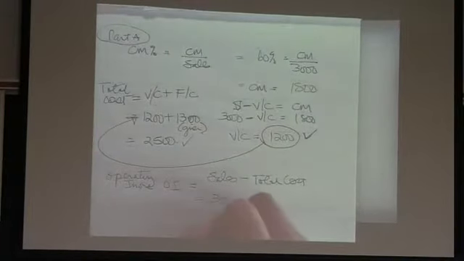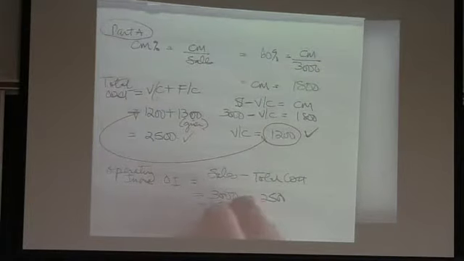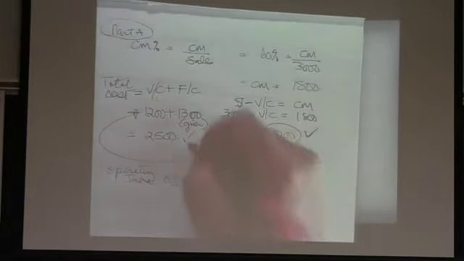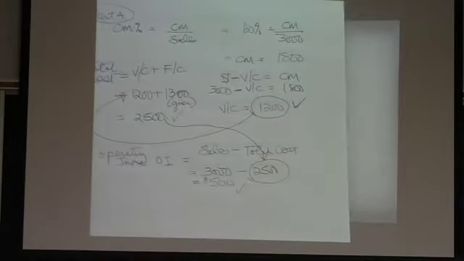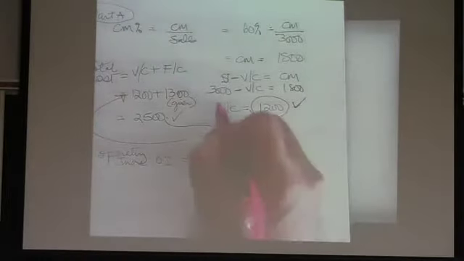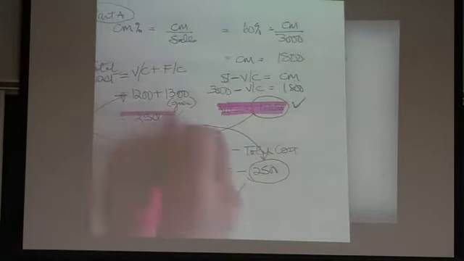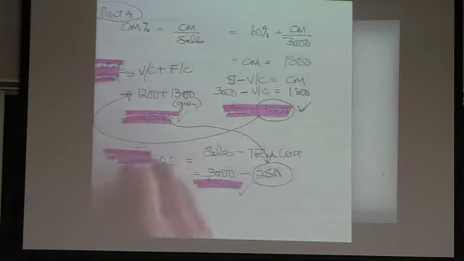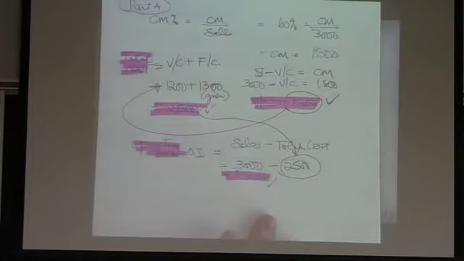Sales is 3,000 less 2,500 gives me 500. And that 2,500 came from here. So they were asking us to calculate variable costs, total cost, and operating profit. Those are the questions asked for part A.